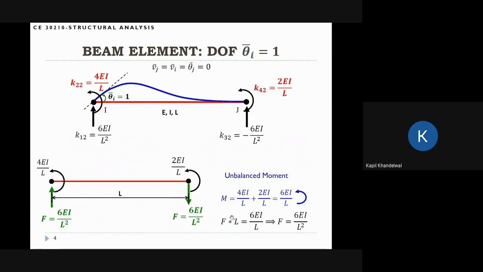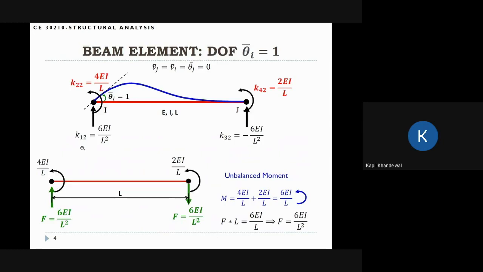And to calculate the magnitude of the force, the idea is that force times L, where L is the moment arm, should be equal to this unbalanced moment, 6 EI by L. If we do this algebra, the force should be 6 EI by L squared. So the magnitude of this force should be 6 EI by L squared. On the i end, the force is applied upward, and on the j end, the force should go downward.